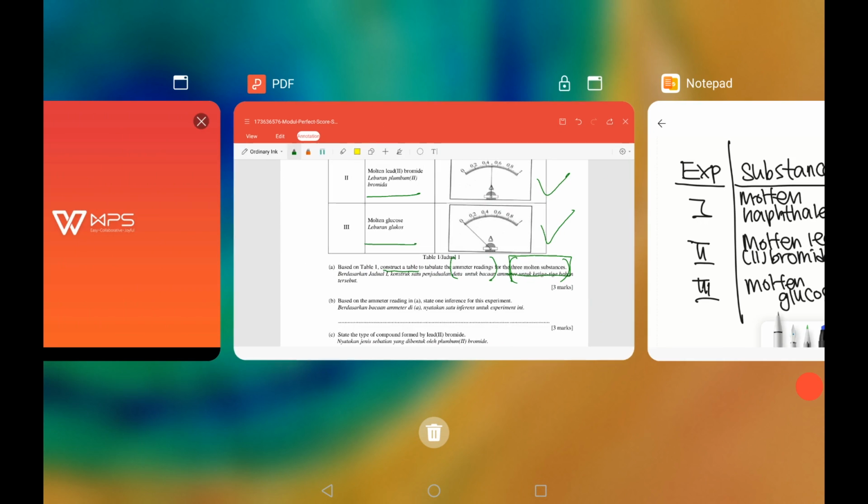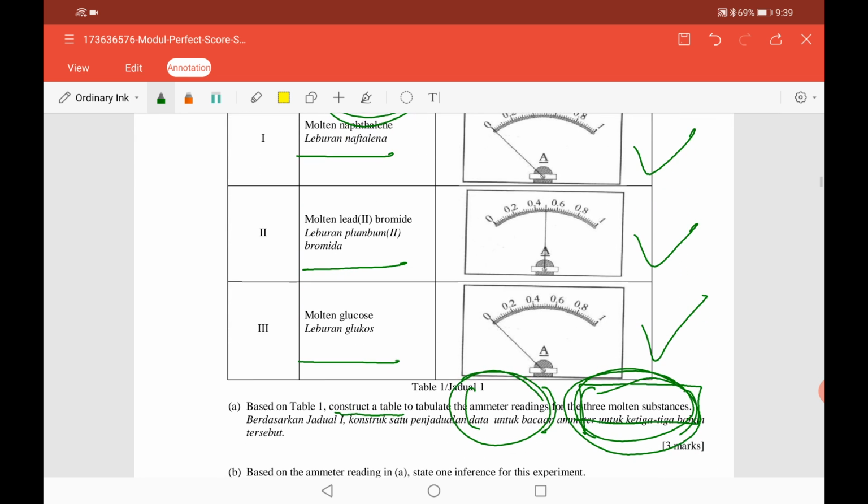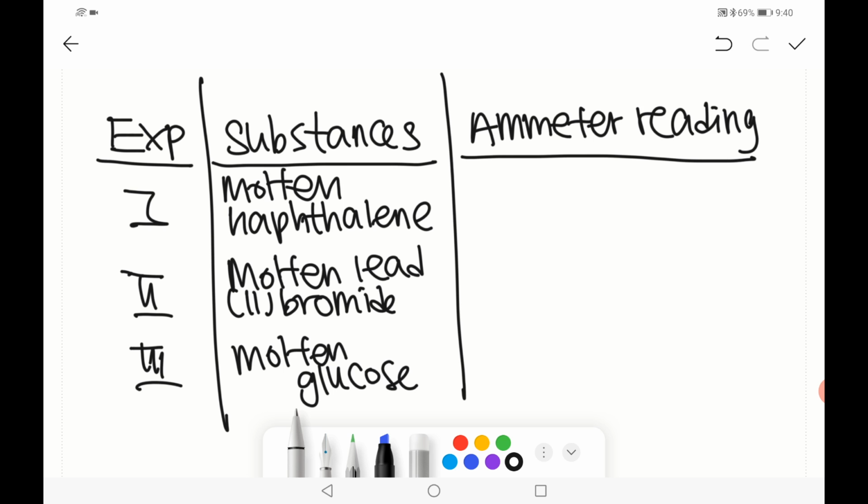Then in the end, what else do they want? Apart from the 3 molten substances, they also want the ammeter reading, so you can write ammeter reading here. One more thing: when you construct the table, please always double check the title of the table. You always need to double check, does the title contain any unit or not? For experiment, do you have a unit? No. For substance, do you have a unit?